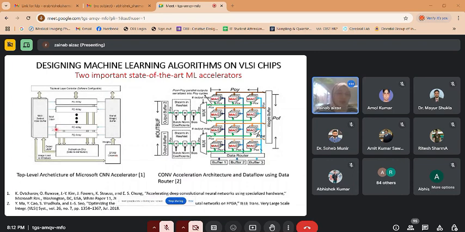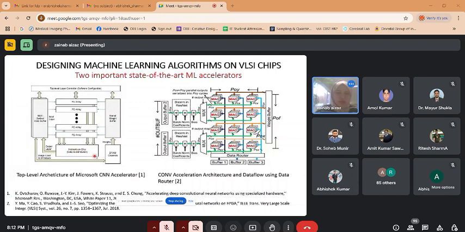There's a top level controller that controls everything through the software. Why the software is there, we will discuss later. Then there is a network on chip that shares the data also.